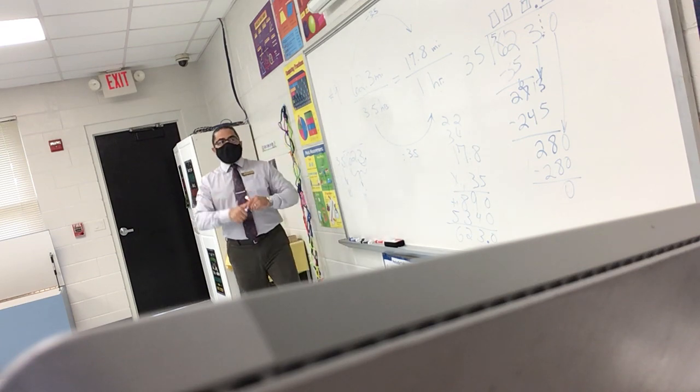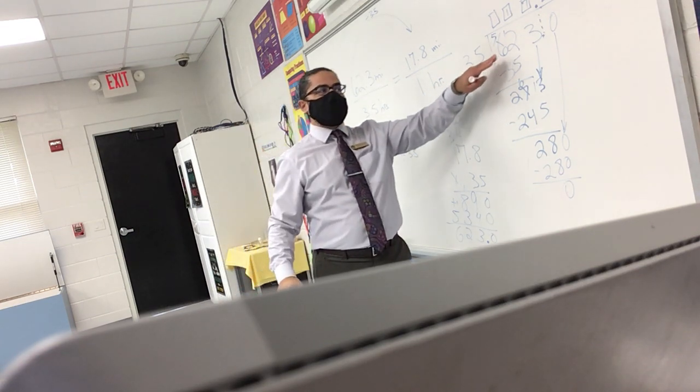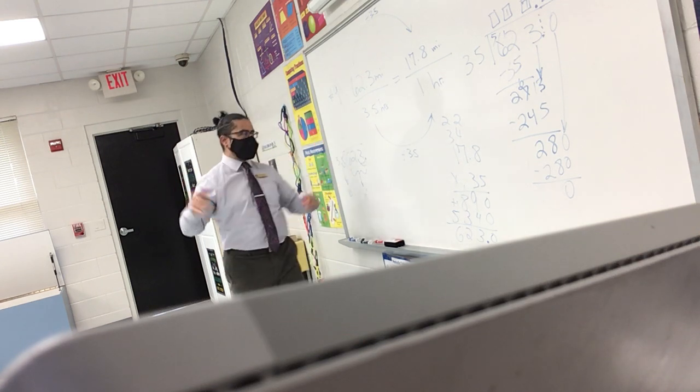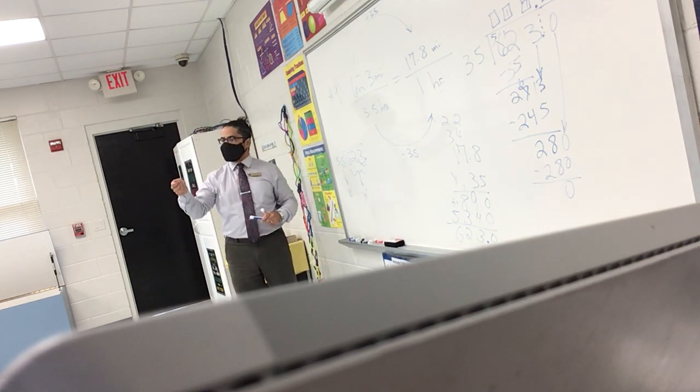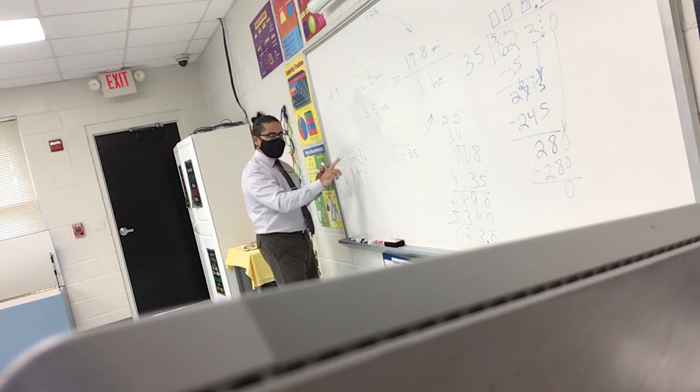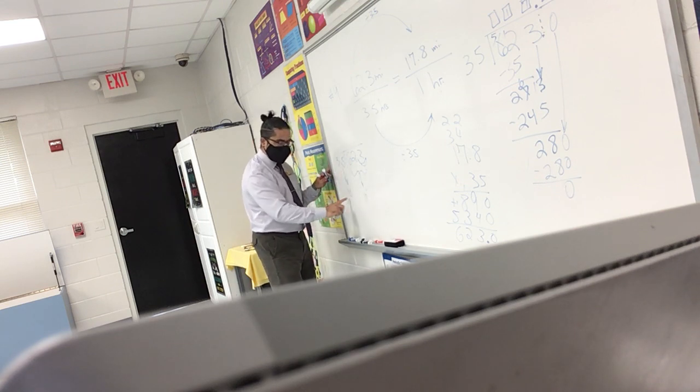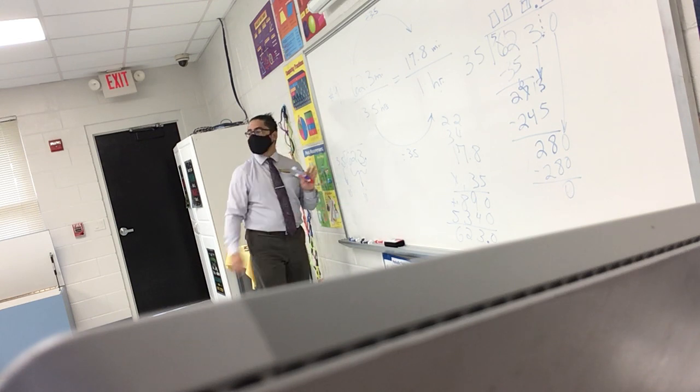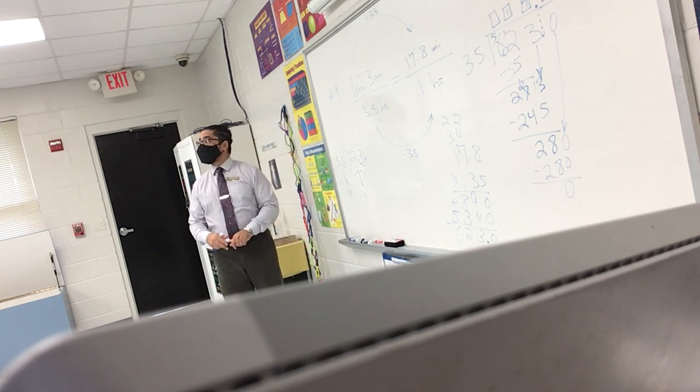Guys, we've been moving the decimal pretty loosey-goosey, but the reason why we move the decimal is because we're having to multiply both divisor and dividend by some power of 10. That's why.